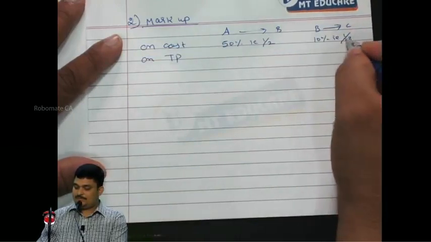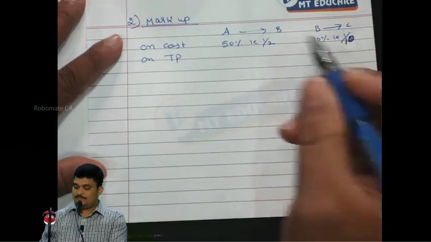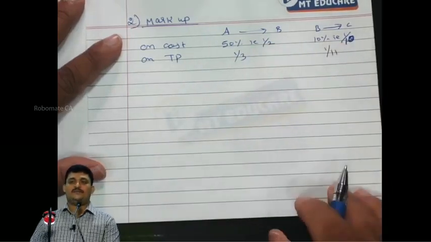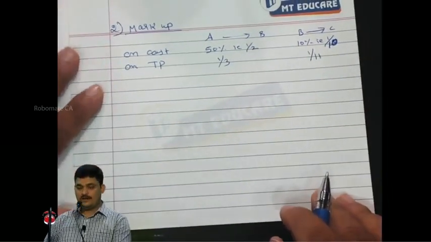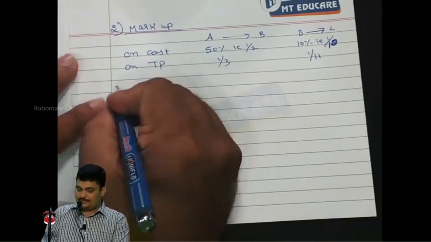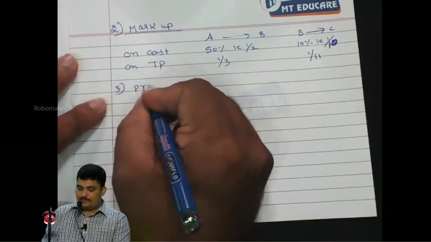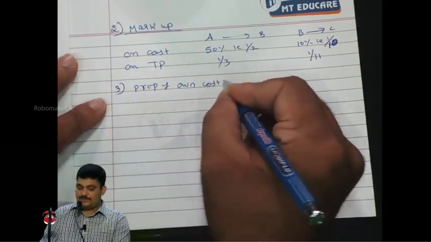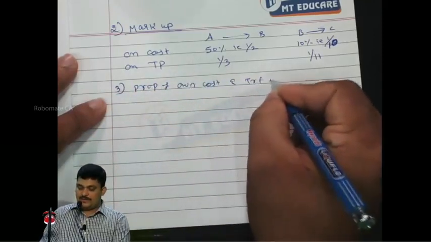On transfer price, 1 by 3, 1 by 11. Margin over. Next, proportion of own cost and transfer cost.